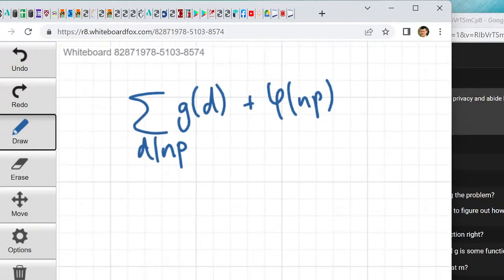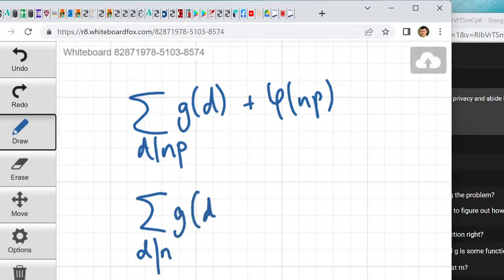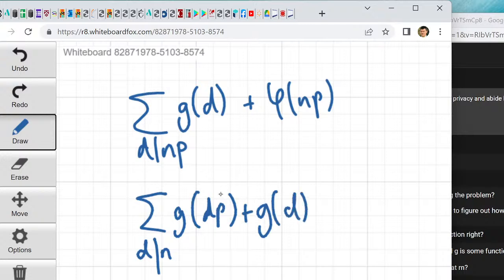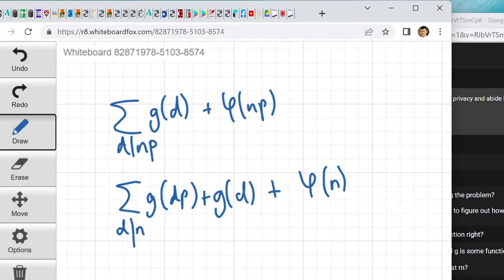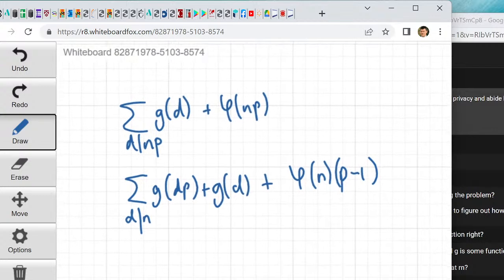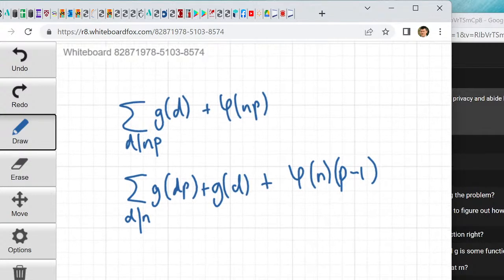This becomes, if you do the divisors that don't have P and the divisors that do have P, it should just be like this. And it's phi of N. Oh wait, maybe that's what I did wrong. So phi of N times P minus 1.